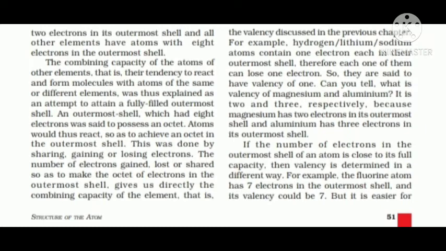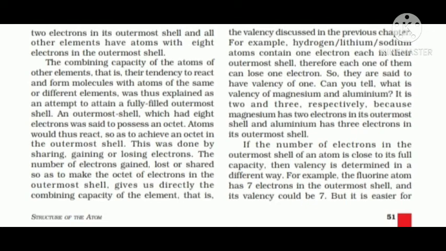Similarly, if you consider magnesium, it contains 2 electrons in the outermost shell. So it is easy to lose 2 electrons. So valency is 2. Aluminium has 3 electrons in the outermost shell or orbit, so it easily loses the 3 electrons to attain the octet configuration. So the valency of aluminium is 3.